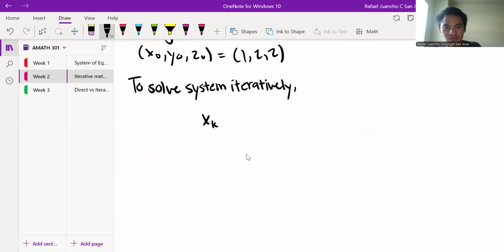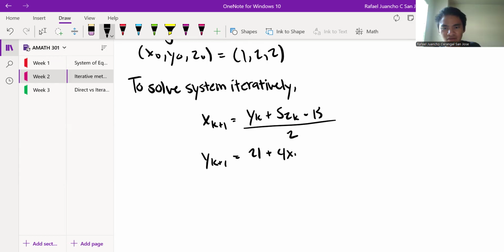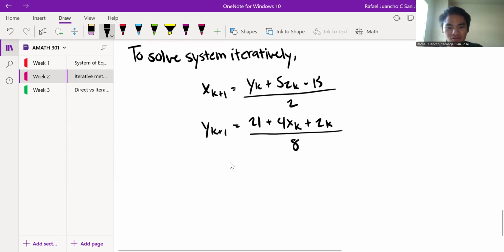So we got xk plus 1. Now it's different. So yk plus 5zk minus 15. So if you notice, this is actually different from what we used to have because we used a different one for xk plus zk. This would have been easier to visualize if I put it in code. I'm gonna put it in code. I'm just explaining all the nitty-gritty stuff first.